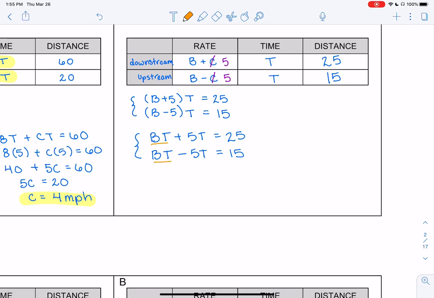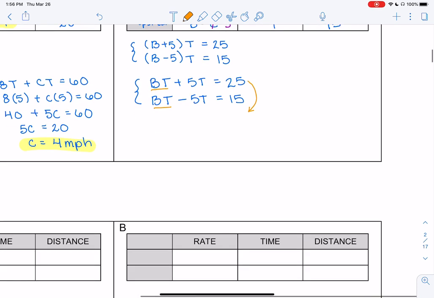Okay, we don't want to eliminate the single variable, we want to eliminate the double variable, which means that I need to rewrite one of these as a negative. So I'll go ahead and take that first one, bring it down, and rewrite it as a negative equation. So negative bt minus 5t equals negative 25. Okay, so I just rewrote that one. Now it's ready for elimination.